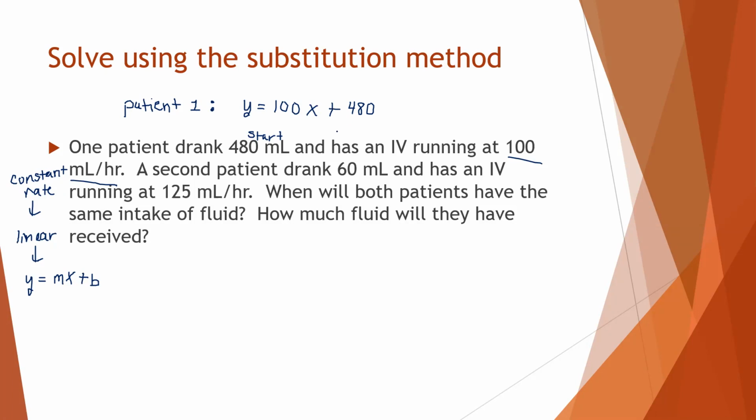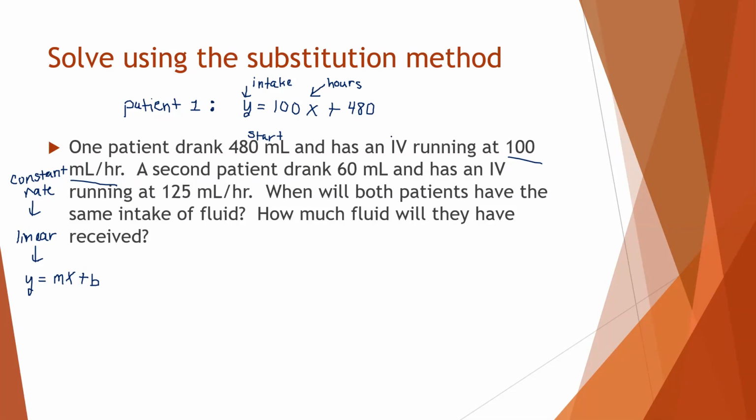As I understand this problem, this equation would be calculating the total intake. So my y is standing for intake because they're getting 100 milliliters per hour plus the 480 that they drank. I also understand that the 100 milliliters per hour has to be multiplied by the number of hours. So that makes me understand my x, and so my x is representing hours.